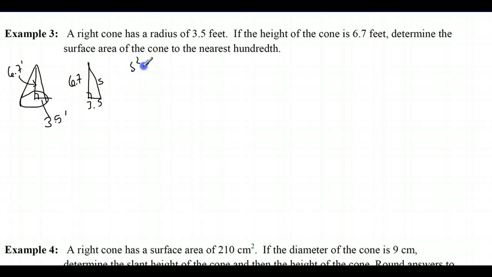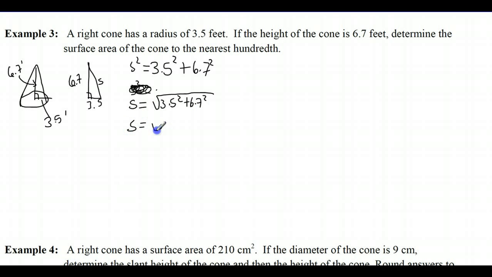So we know that s squared is 3.5 squared plus 6.7 squared. So s is the square root of 3.5 squared plus 6.7 squared.